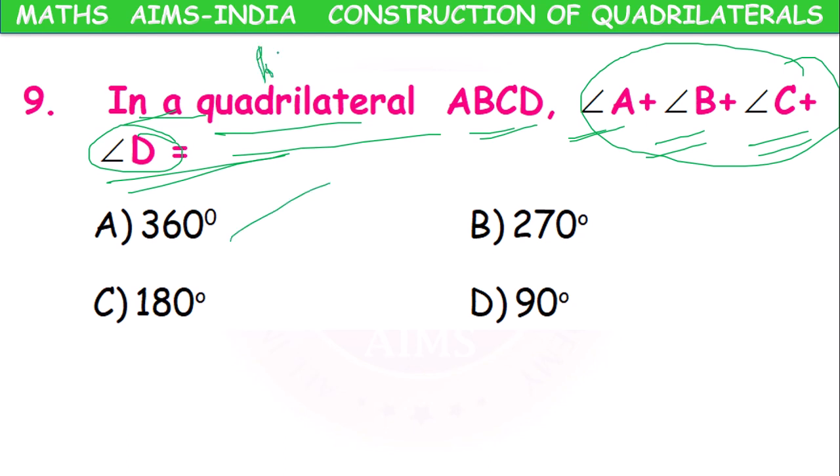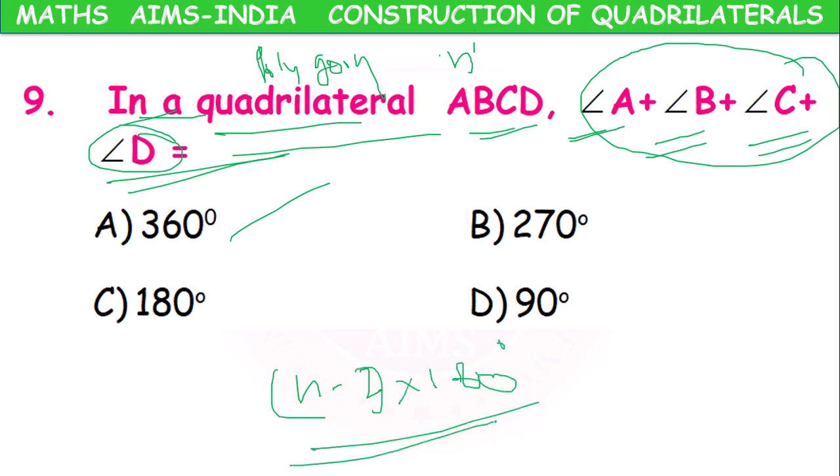For any polygon with n sides, the formula is (n minus 2) into 180 degrees for the sum of interior angles. Here quadrilateral means four sides: (4 minus 2) into 180, 2 into 180, 360 degrees. So answer option A.